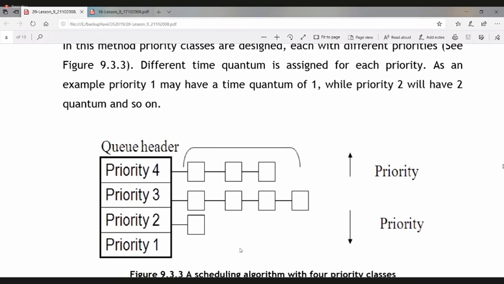As an example, priority 1 may have a time quantum of 1, priority 2 will have quantum 2 and so on. So for high priority, priority 4, once it gets a chance, you get 4 time slots, so that it can finish before blocking, because it has high priority.